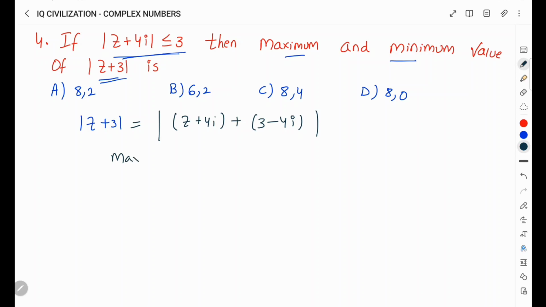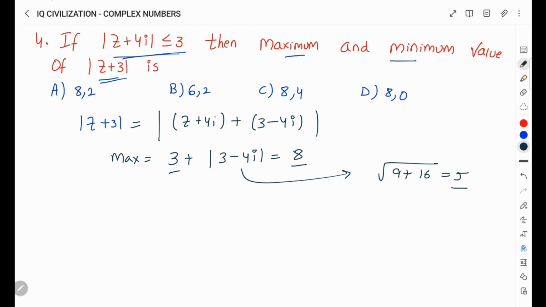So the maximum value is 3 plus mod of 3 minus 4i, which is 8. Why? The value of mod is the root of a square plus b square, which is 5. So 3 plus 5 is 8. And the minimum value is mod 3 minus mod of 3 minus 4i, which is 5 minus 3, equal to 2.